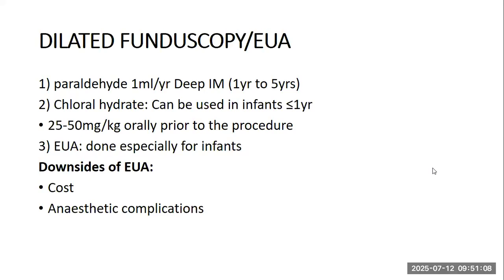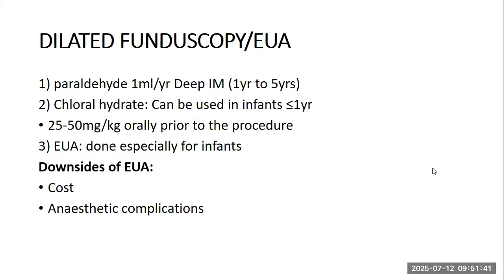Because if the child is 18 months, you would want to give something like 1.5 mls of the IM paraldehyde, because if you give just 1 ml, the effect will wear off very fast. So you have to give based on the age of the child up to 5 years. It's expected that at 5 years, a child should be able to cooperate for dilated fundoscopy. So IM paraldehyde is given, and the dilated fundoscopy is done on the table.